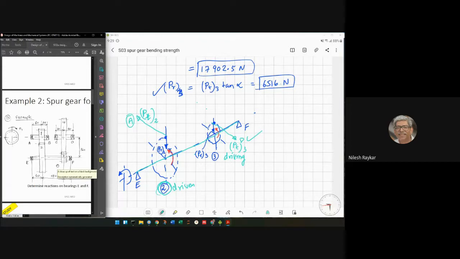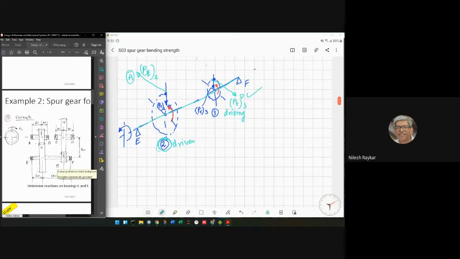In the horizontal plane, consider all forces in the horizontal plane, and in the vertical plane, consider all forces in the vertical plane. Then you calculate horizontal reactions in the horizontal plane and vertical reactions in the vertical plane. The resultant reaction will be the vector sum of the horizontal and vertical reactions at either of the points. I'll be taking that approach. If you are familiar with vector methods, you can do this using the vector method, but the efforts required will be almost similar.